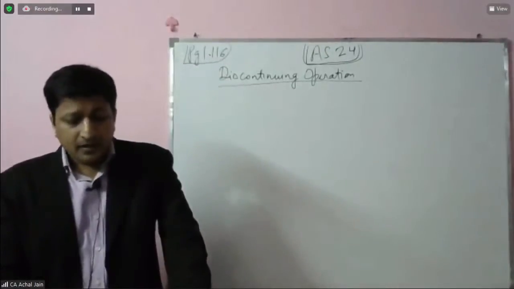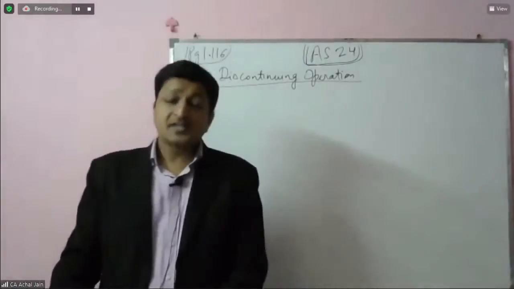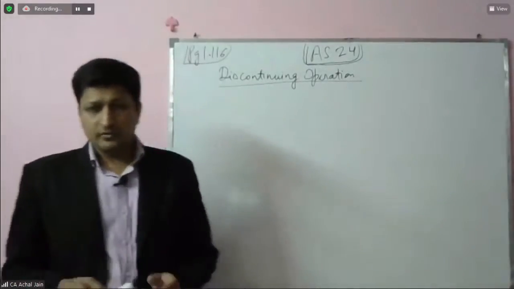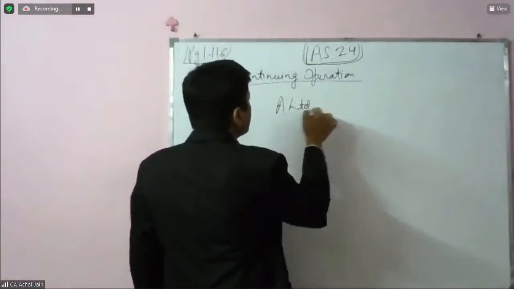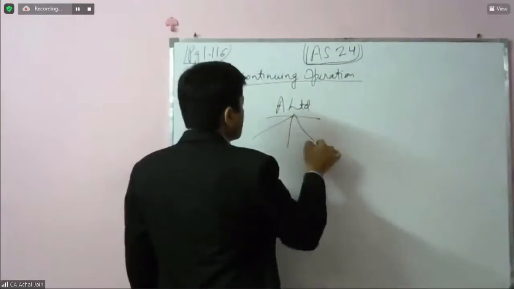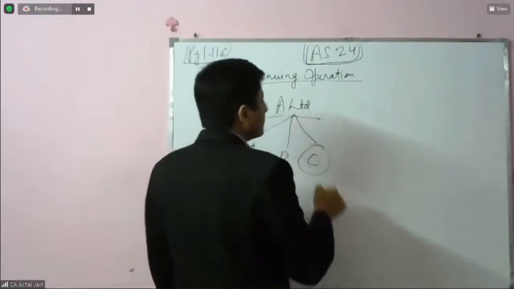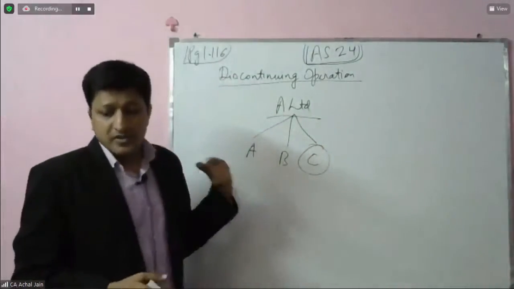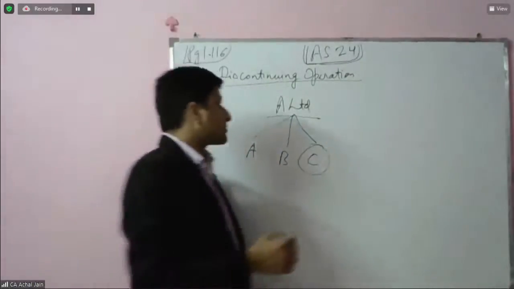Secondly, that operation should represent a separate major line of business or geographical area of operation. For example, say A Limited has got 3 plants in India, A, B, C. So they plan to sell it off. Now this should be a separate line of business, only then it will become a discontinuing operation.